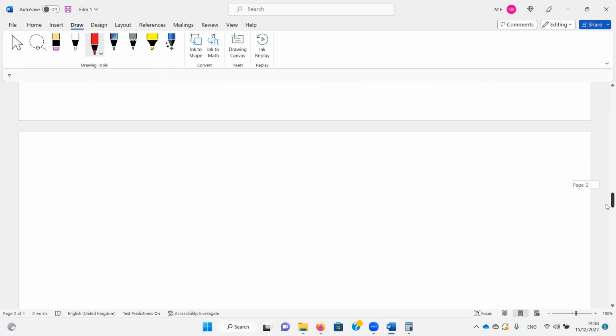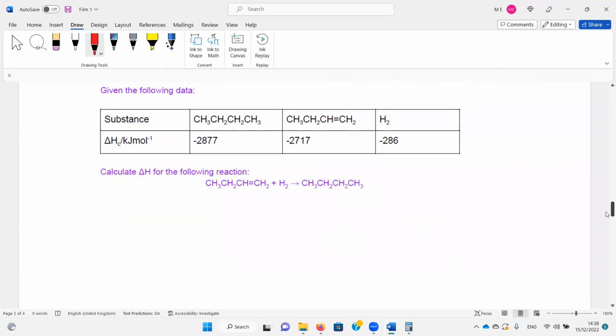Let's see another problem. In this problem here, you are presented with a different set of data. And as you can see, it says here delta H of combustion. So in the case of combustion, you're reacting the reactant and products with oxygen.